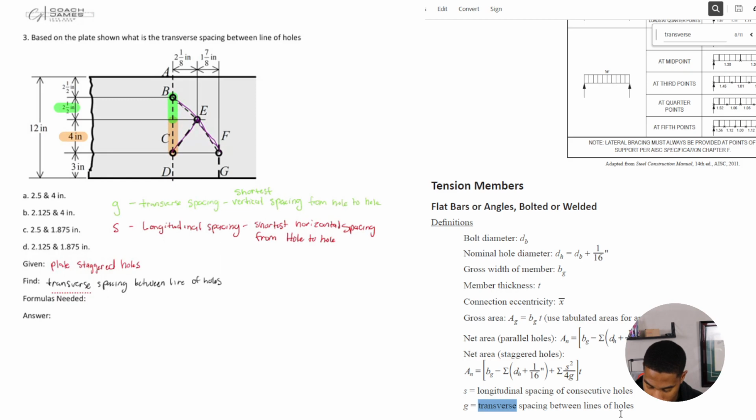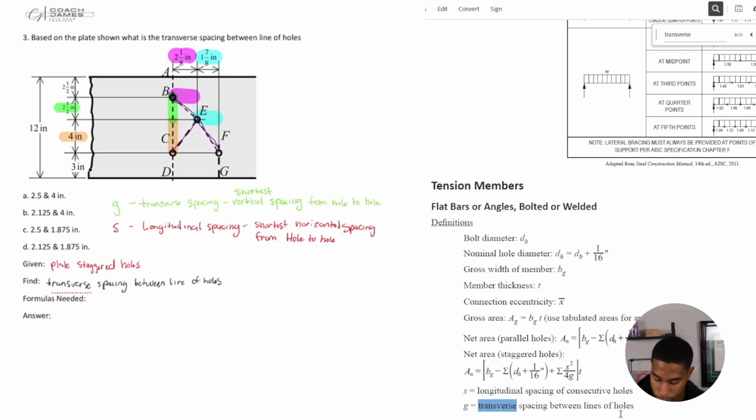So this horizontal from B to E, it would be 2.18. And then what about from E to F? That distance.